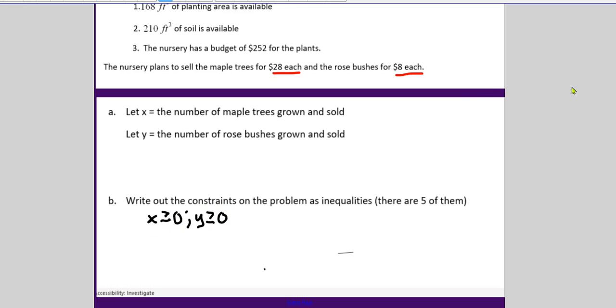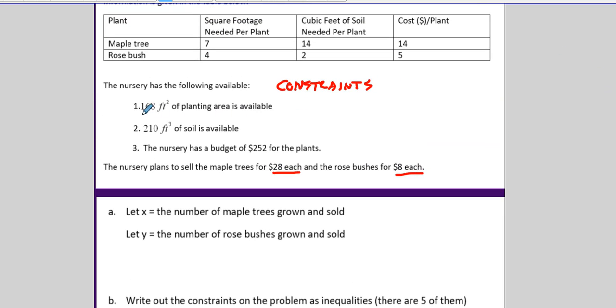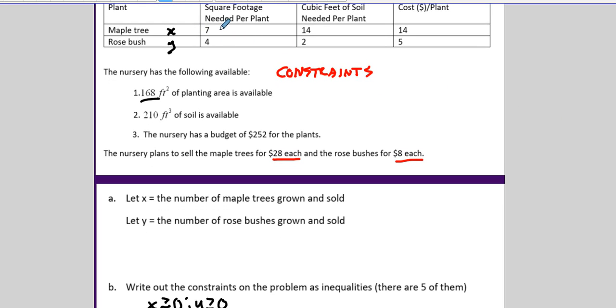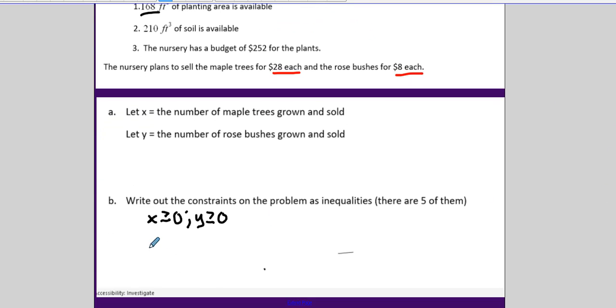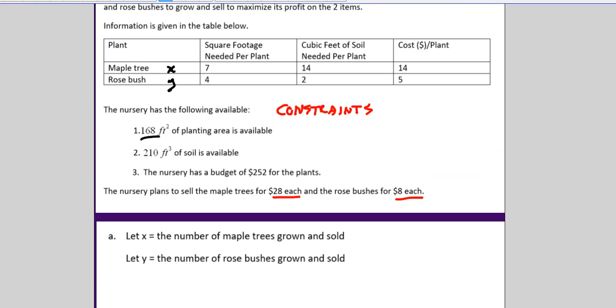Then we have our planting area constraint, 168. Maple trees are X, rose bushes are Y. So 7X plus 4Y has to be less than or equal to 168.